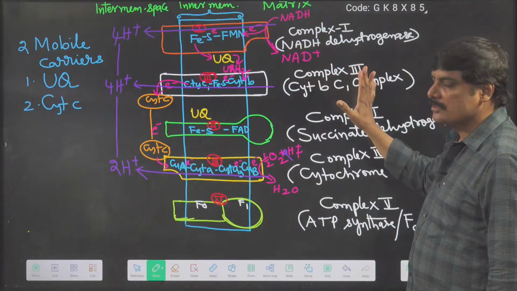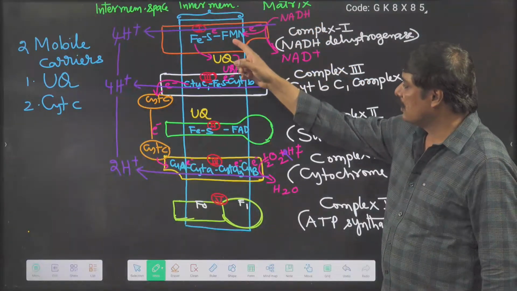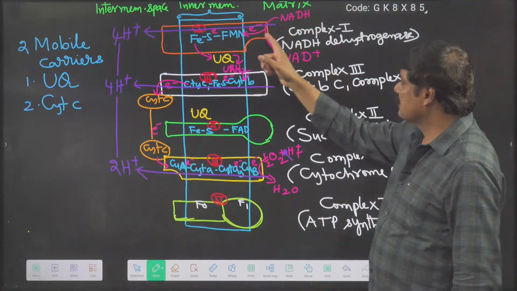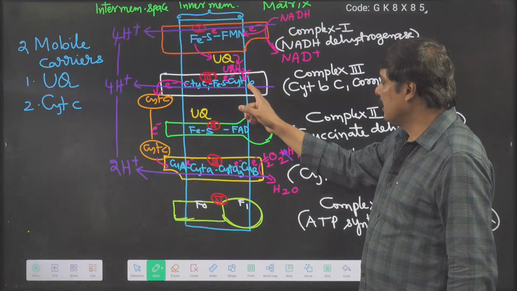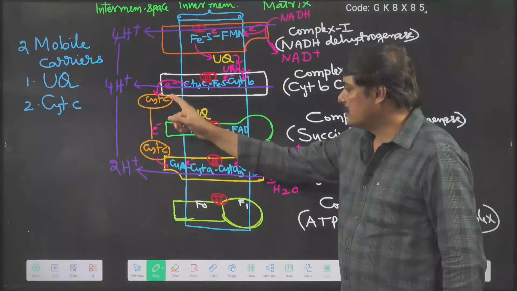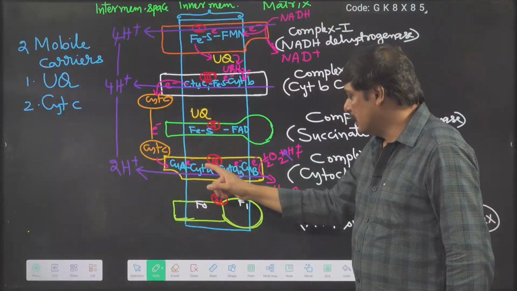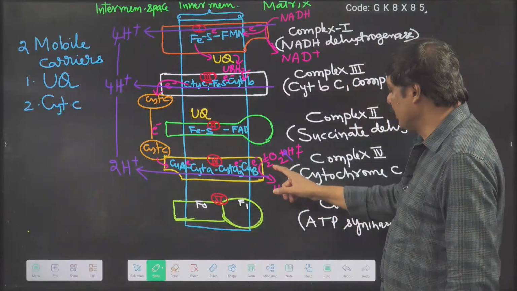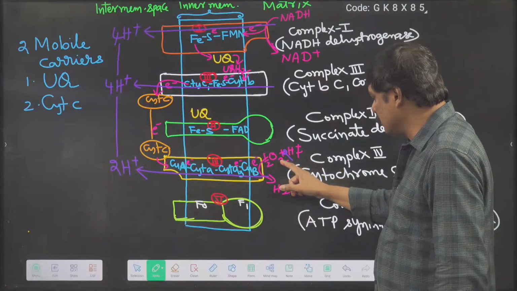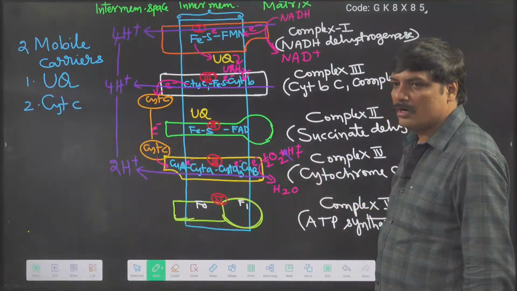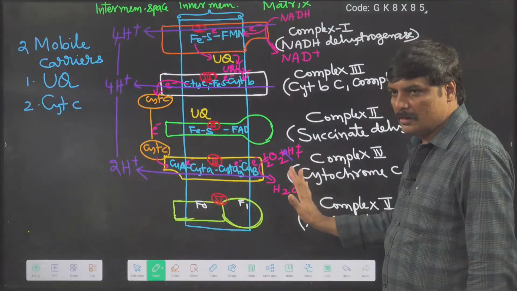NADH is oxidized. Electrons are transported: first complex 1, then ubiquinone, then complex 3, then cytochrome C, then complex 4. Finally, the electrons from complex 4 are accepted by oxygen and form a water molecule. Clear?